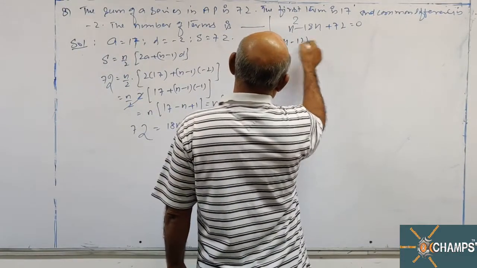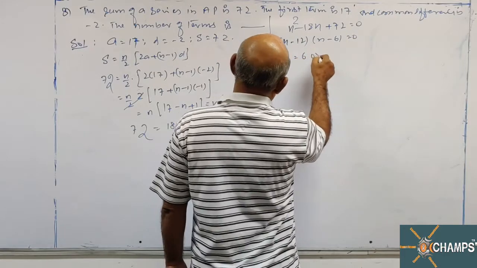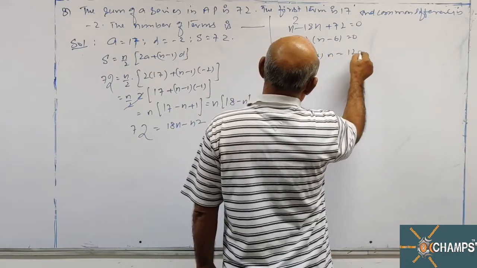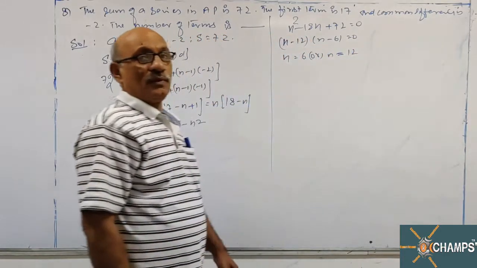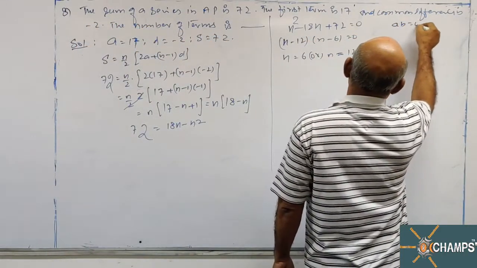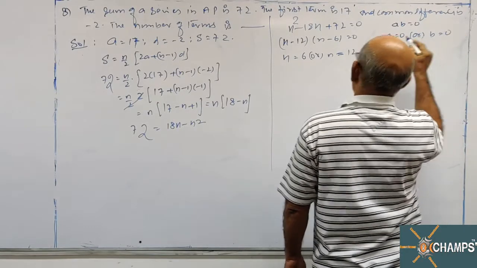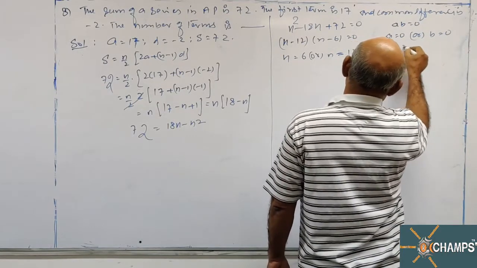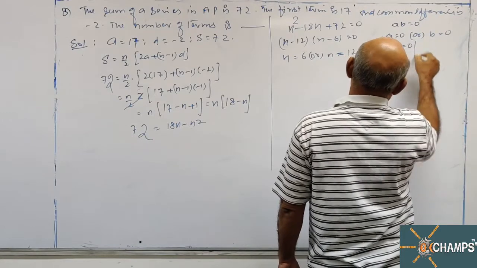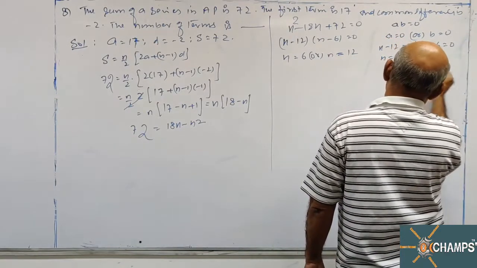So n minus 12 into n minus 6 equal to 0. n is equal to 6 or n is equal to 12. When product of two numbers is 0, AB is equal to 0 means A equal to 0 or B equal to 0. So n minus 12 is 0, n is 12. n minus 6 is 0, n is equal to 6.